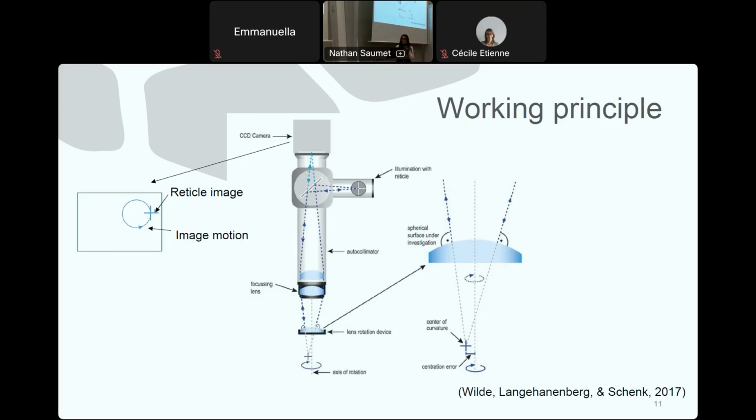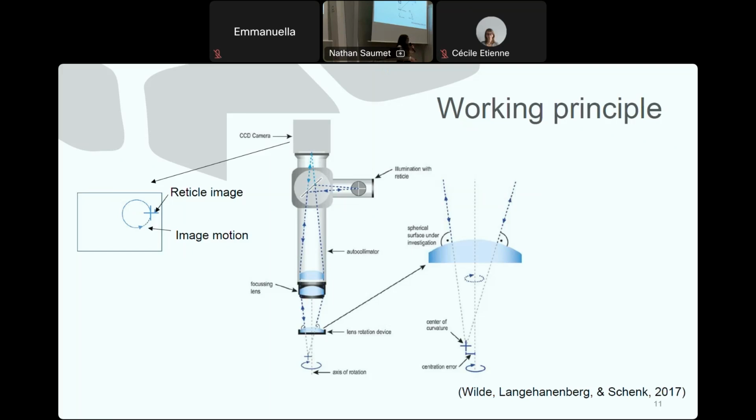Then this reticle image is reflected, and we will have the image of the reticle, most of the time in a camera.